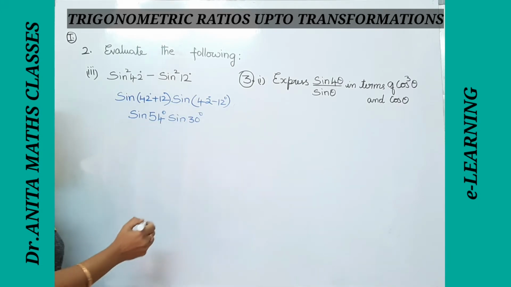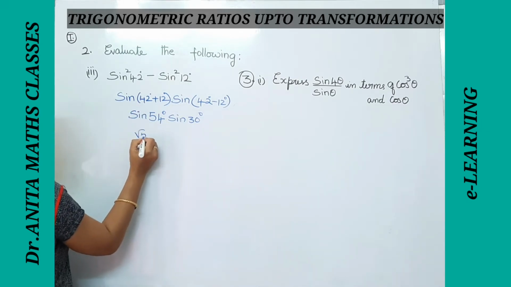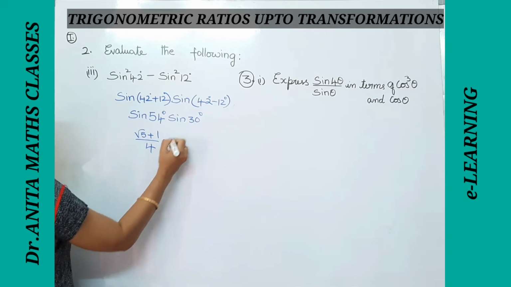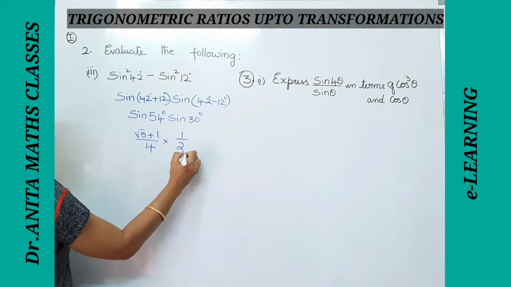Now sine 54 is cos 36, that is root 5 plus 1 upon 4, multiplied by sine 30. Sine 30 is 1 by 2.